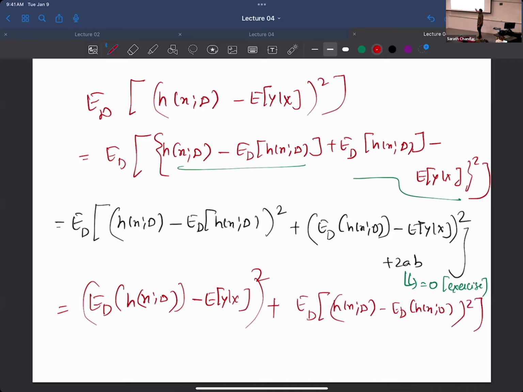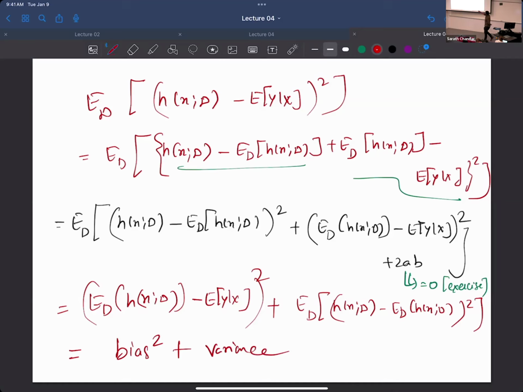This is also a classical definition. I'm doing expected value of h minus E of h, the whole square. This is another way to define variance, right? So this I can write as bias square plus variance.